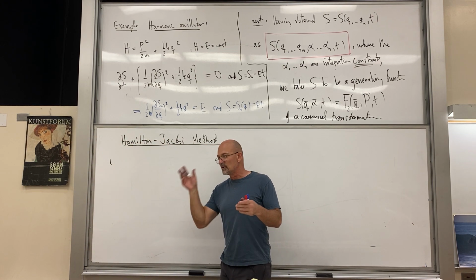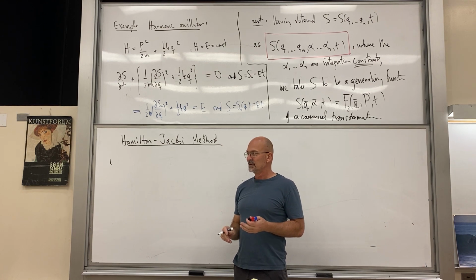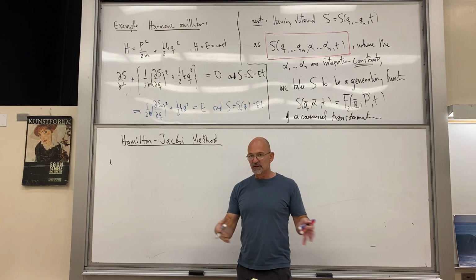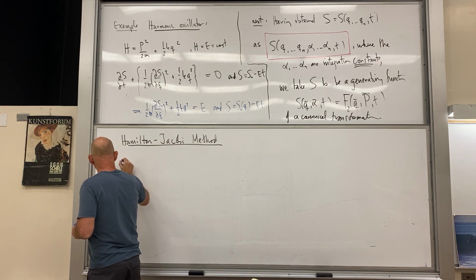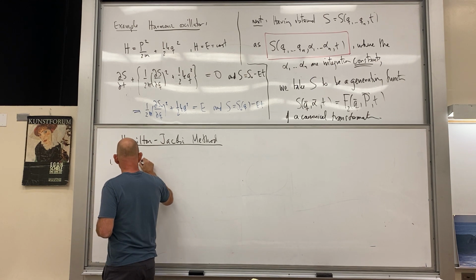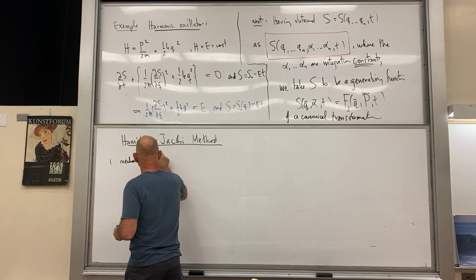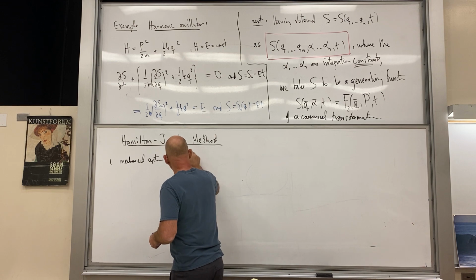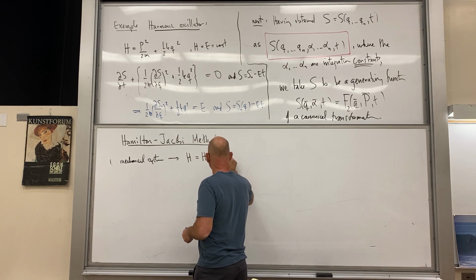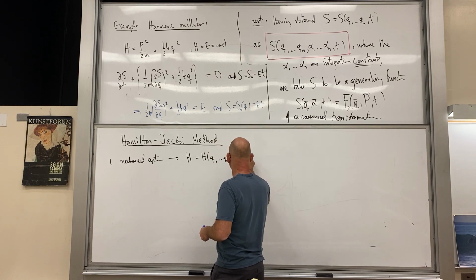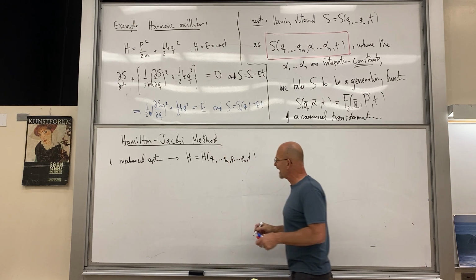We have to go through the whole process: kinetic energy, potential energy, Lagrangian, Hamiltonian. But I'll just say you've got a mechanical system, and you have to bring it into the form of H of q1, ..., qn, p, and t, right? We need a Hamiltonian.